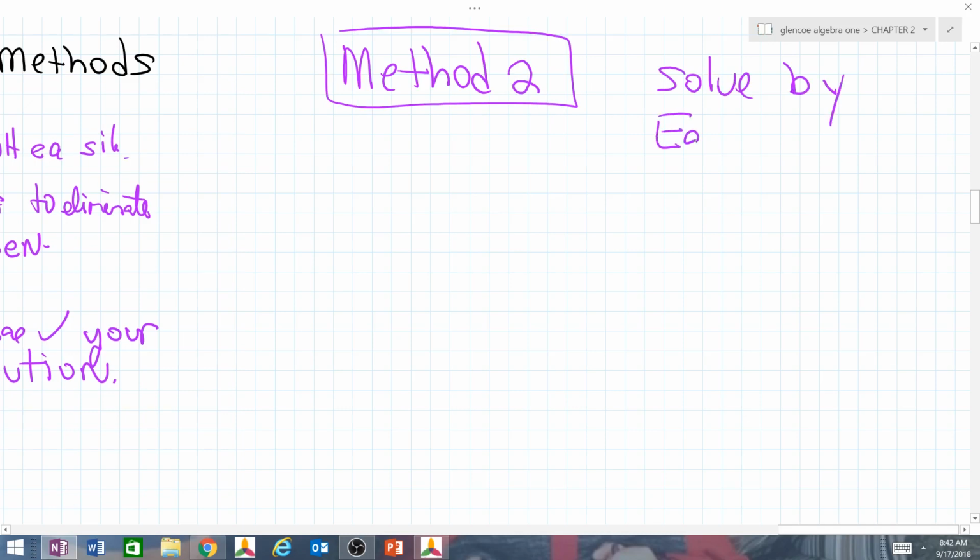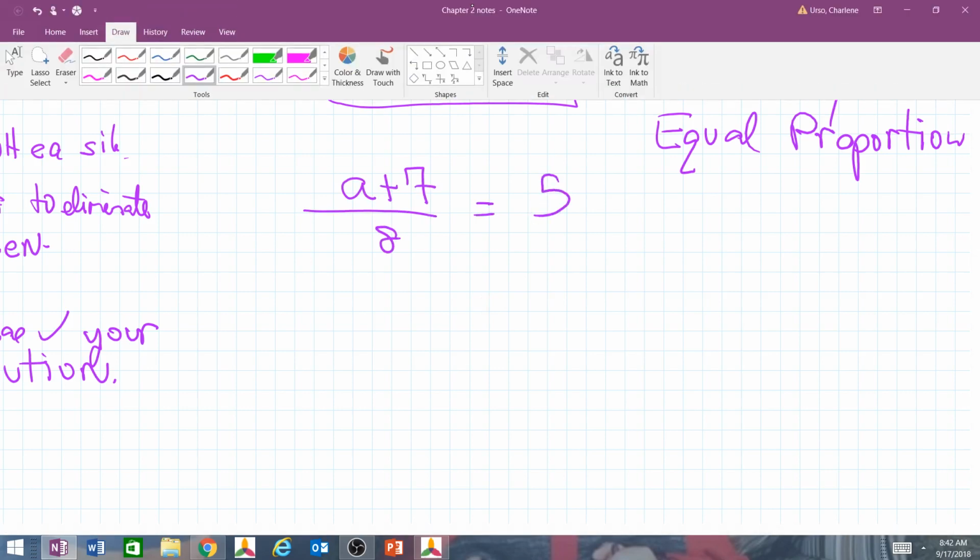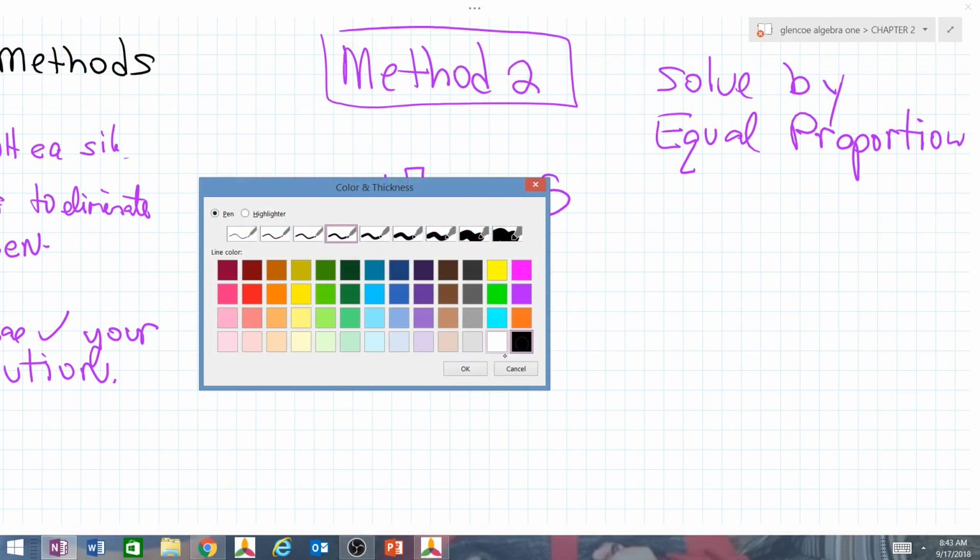Solve by an equal proportion. So let me write the problem again. A plus 7 over 8 equals 5. Okay, so in equal proportion, we talked about it a little bit on Friday.